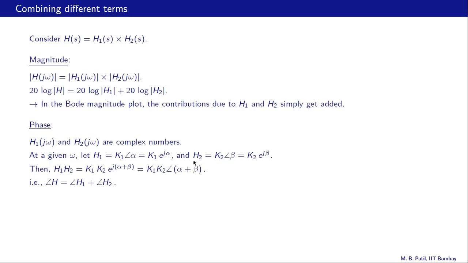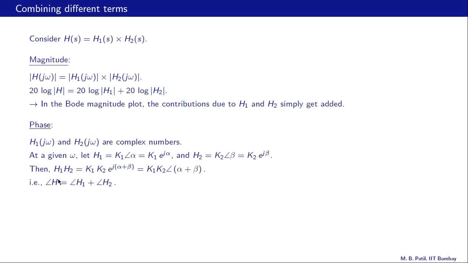Here k1 and k2 are some real positive numbers. What about the angle of h now? The angle of h is the same as the angle of h1 times h2, that is k1 times k2 e raised to j (alpha plus beta).